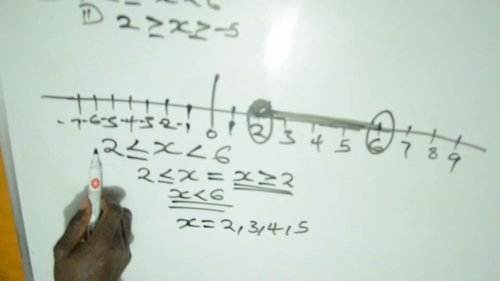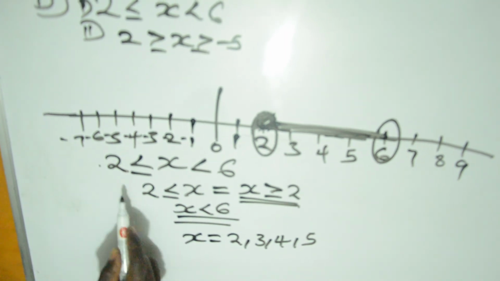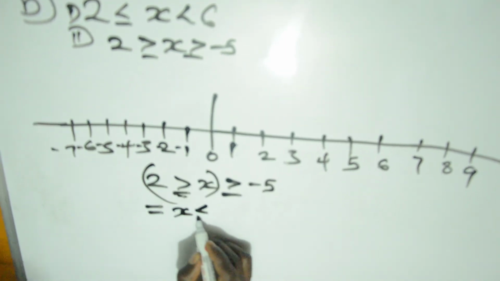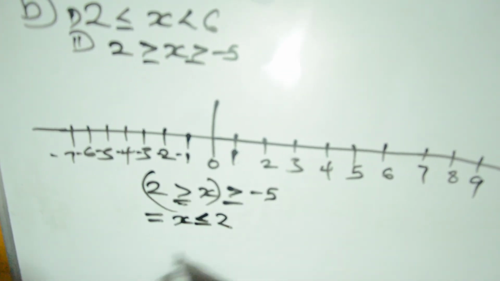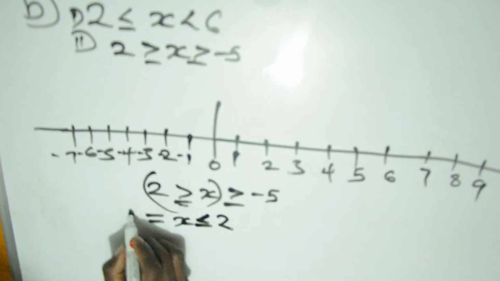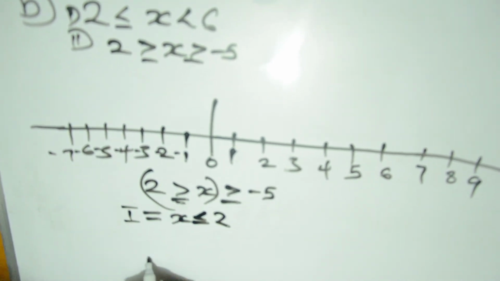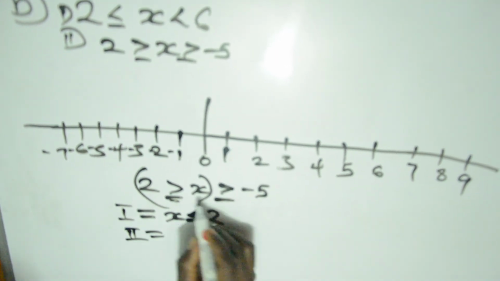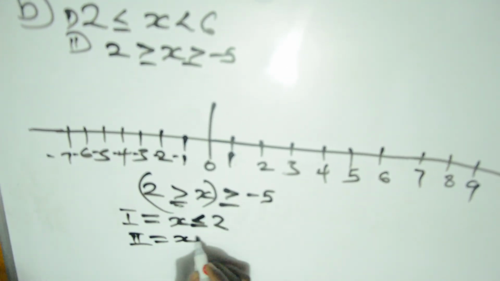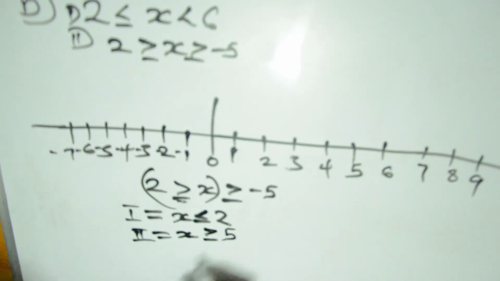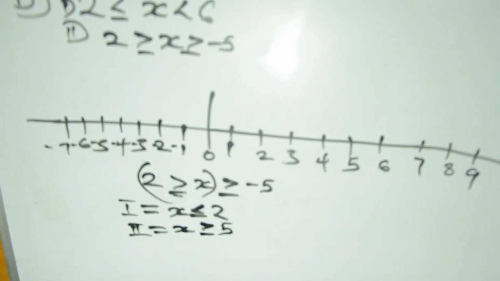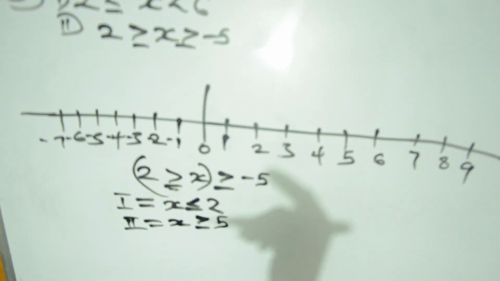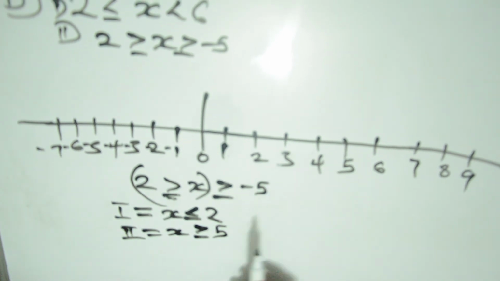Our first step was here, splitting the inequalities into 2. x is less than or equals to 2. That is our first inequality. Our second inequality will be x is what? Greater than or equals to 5. So after that, we are going to go back to our number line. Are you together?